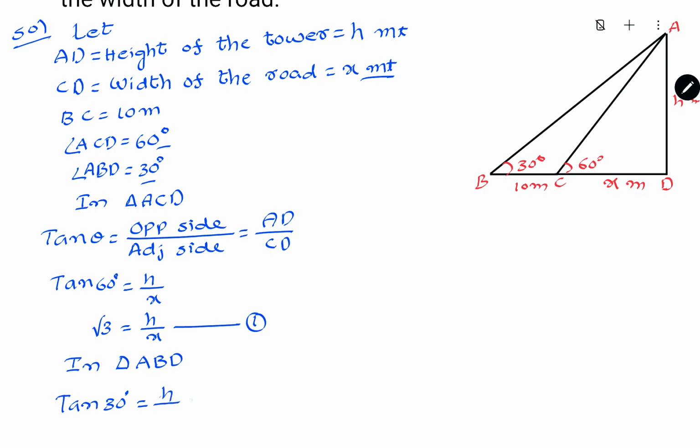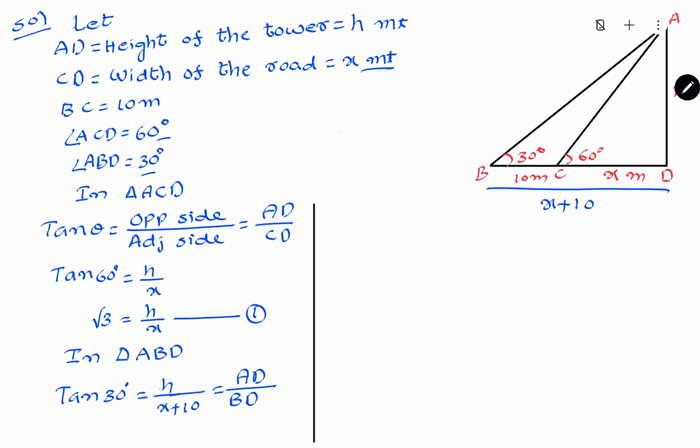Adjacent side x plus 10. See here AD by BD. From here to here BD is x plus 10 meters. Tan 30, how much value? 1 by root 3. Here h by x plus 10.